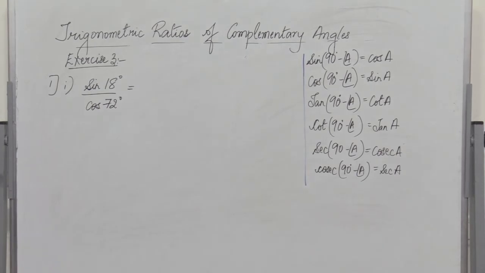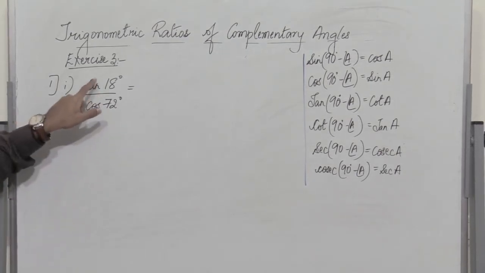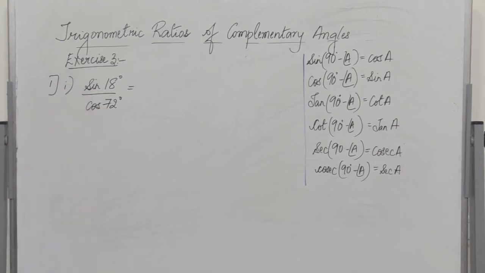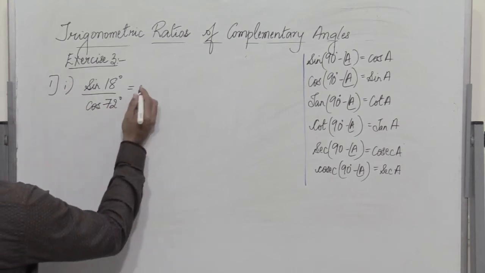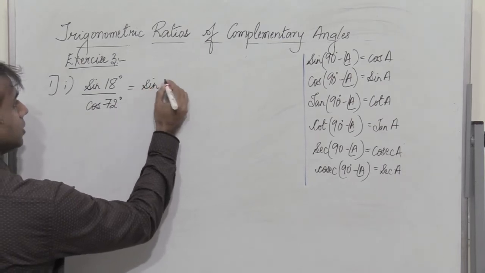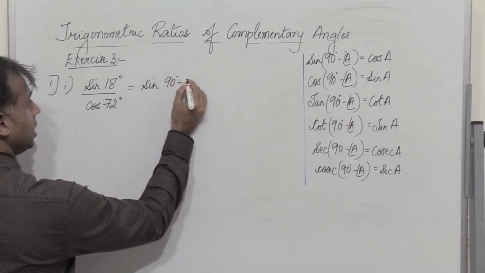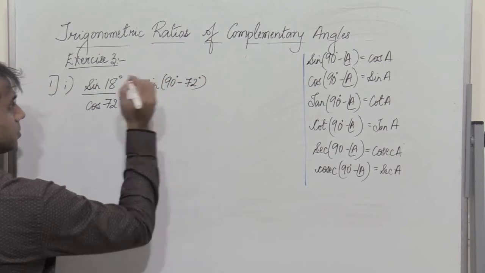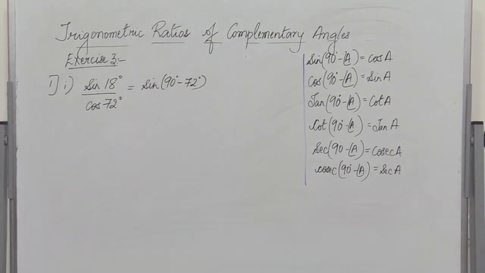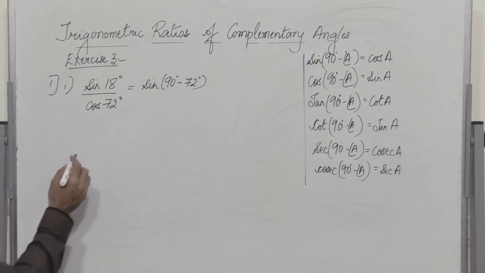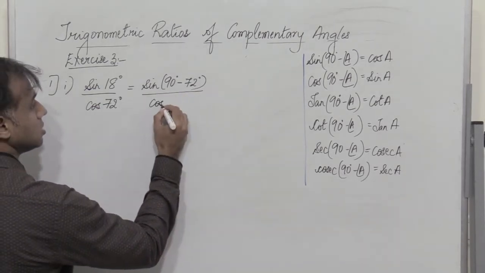Given a problem like this, you should be able to solve it within a minute. Now we observe that 18 plus 72 is 90. So I can write sine 18 as sine of 90 minus 72, divided by cos 72.